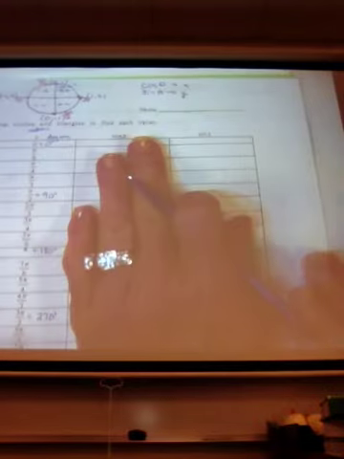This is 270, and this is 360. This is your angle measured in degrees. This is radians, obviously. Now, we'll fill this in a second. You're going to start to see something happen.